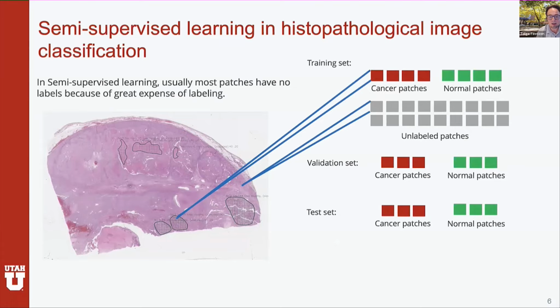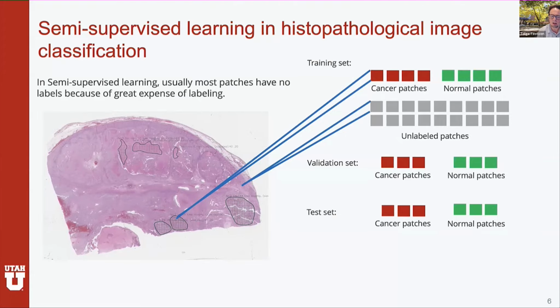Okay, so I already mentioned that it's near impossible to exhaustively label patches from these huge images, but sometimes what we can get from a pathologist is them looking at this slide at kind of a moderate resolution, perhaps zooming into parts and zooming out, and then outlining areas of cancer, areas of normal tissue architecture, right? But by no means is this an exhaustive labeling of the slide. So if something is not annotated, that doesn't mean that it's not cancer, that it's normal. It just simply means that they didn't look there or they didn't get there, right?